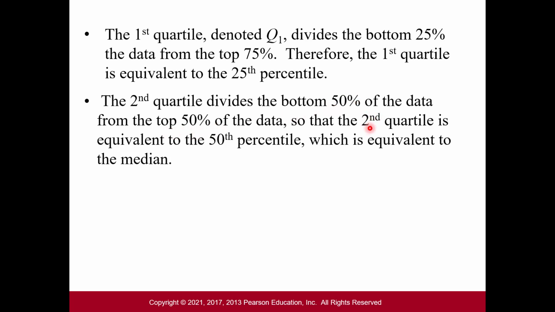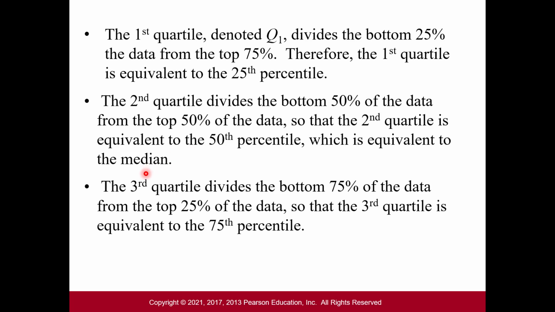So the second quartile is equivalent to the 50th percentile. So you could say Q sub 2 equals P sub 50, which is also equal to the median. And then the third quartile divides the bottom 75% of the data from the top 25%. So Q sub 3 equals P sub 75. The third quartile equals the 75th percentile.